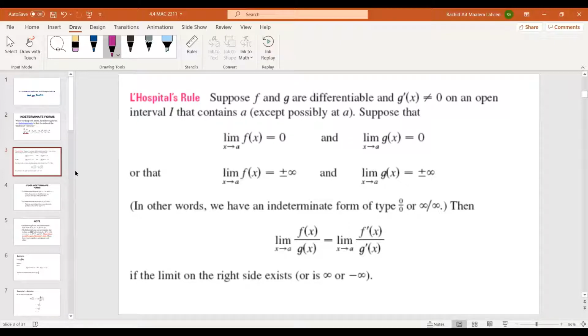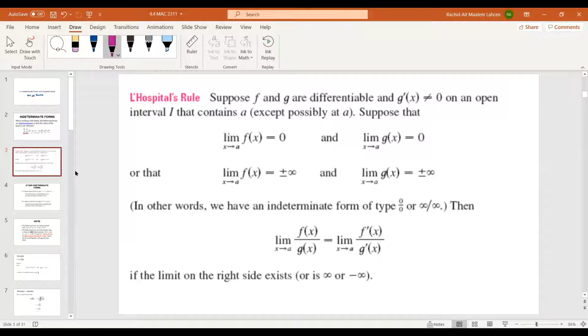If you have the limit of f(x) as x approaches a is 0, and the limit of g(x) as x approaches a is also 0, or for the infinity case, which means you have an indeterminate form when you do f divided by g, so 0 over 0 or infinity over infinity, then in that case, L'Hopital just says that the limit of the quotient is the same as the limit of the quotient of their derivatives.